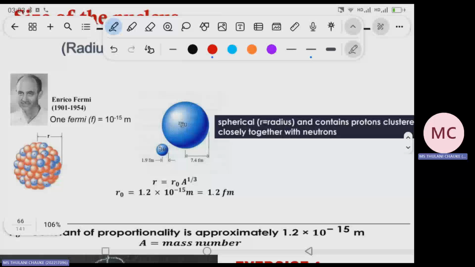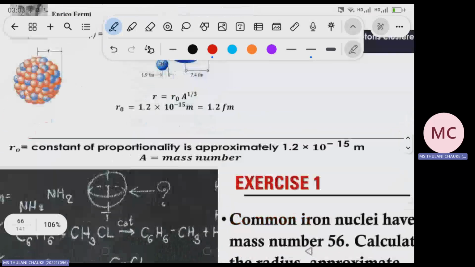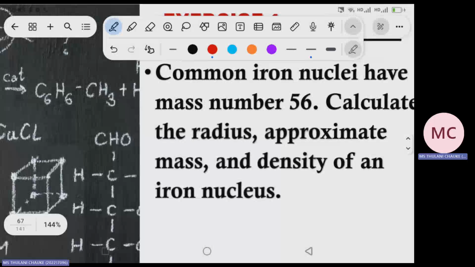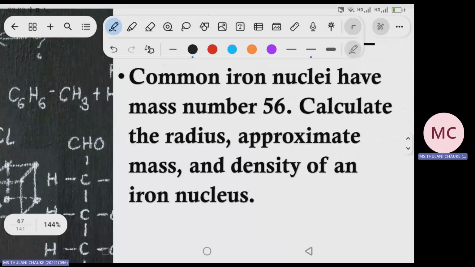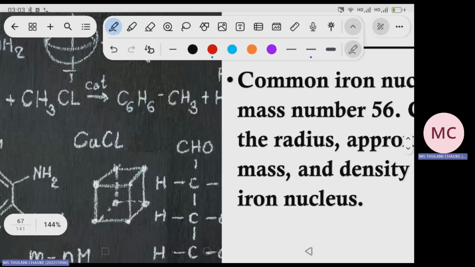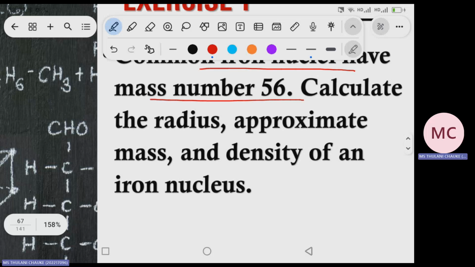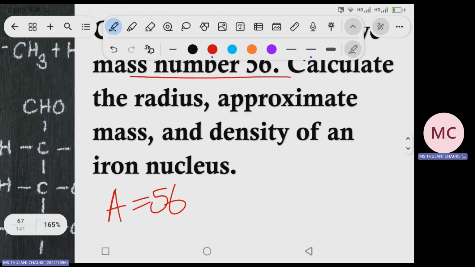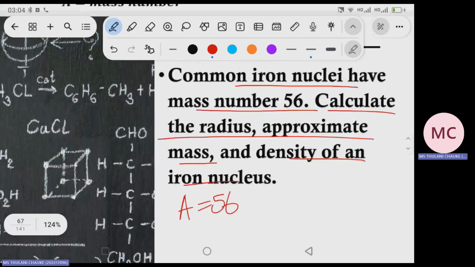Okay, we can just start here. If they ask you a question like this one, they say, given an iron nucleus which has a mass number of 56, so we know that A is equal to 56. Then they say calculate the radius, approximate mass, and the density of an iron nucleus.